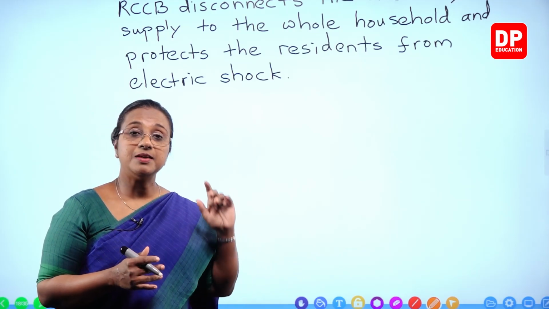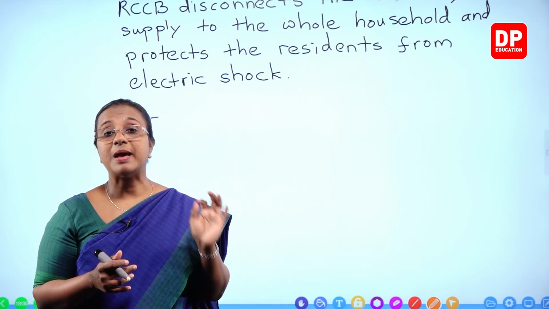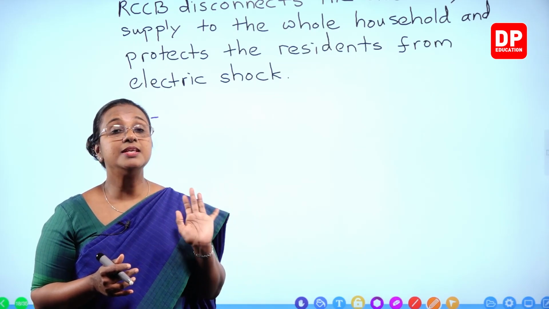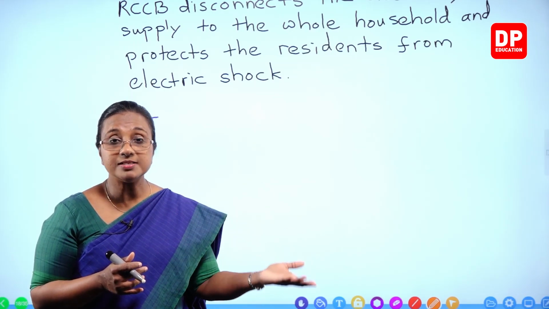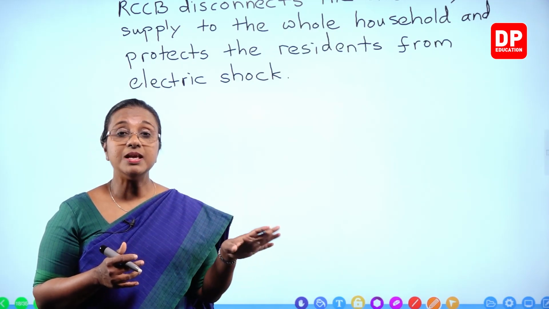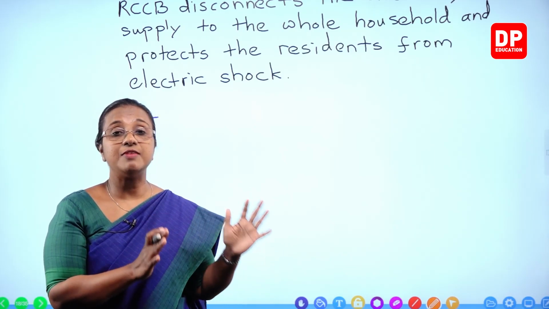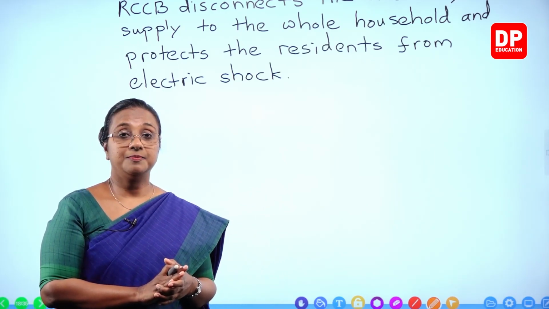Say for example, if there is a lamp circuit where a light bulb is connected, the maximum current can be 6 amperes. But if there is 7 or 10 amperes flowing through that, then immediately the electricity supply to that particular area will be disconnected.